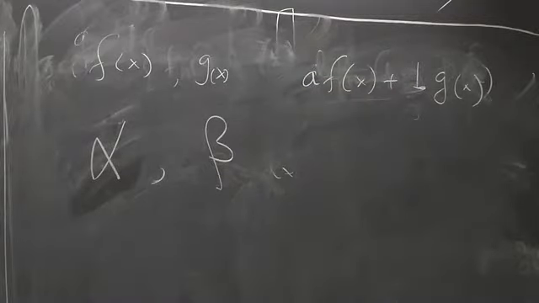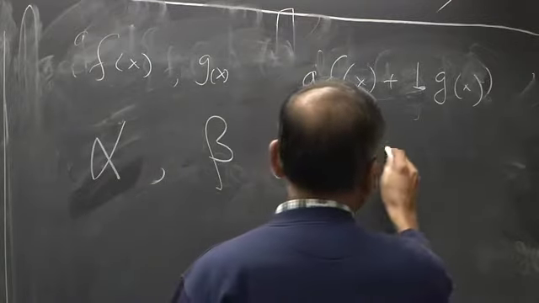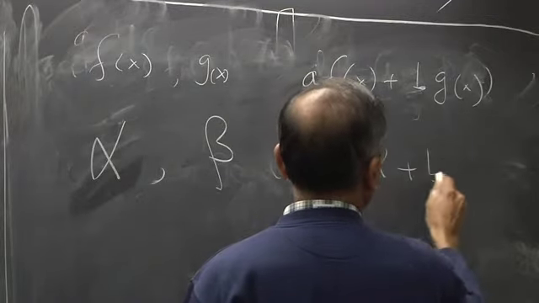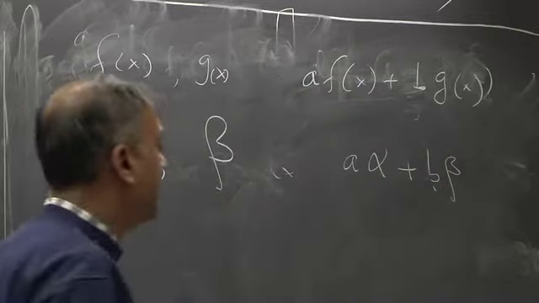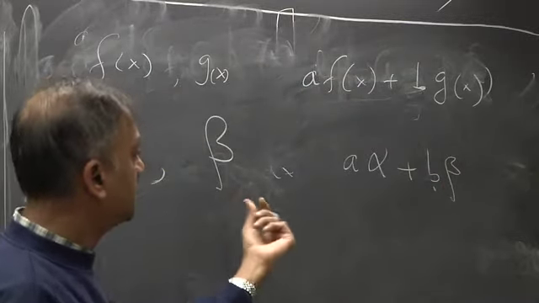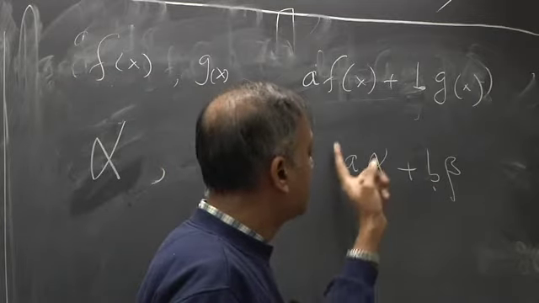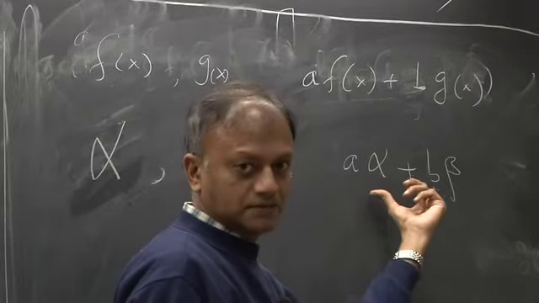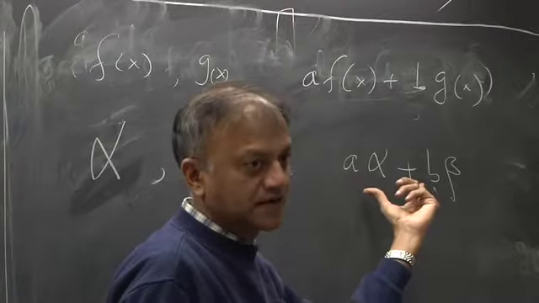A and b are numbers. So if I'm given alpha and beta, is there a meaning of a alpha plus b beta? Is there any way I can define that? This is a generalized function, that's a generalized function. Can I give a definition to such a combination, which is again a generalized function?